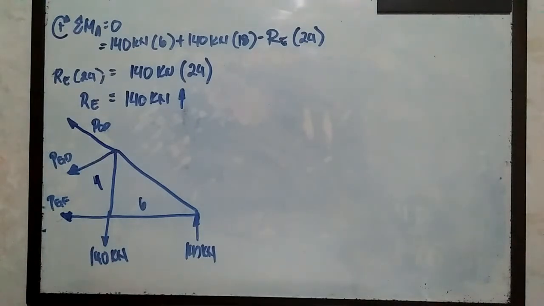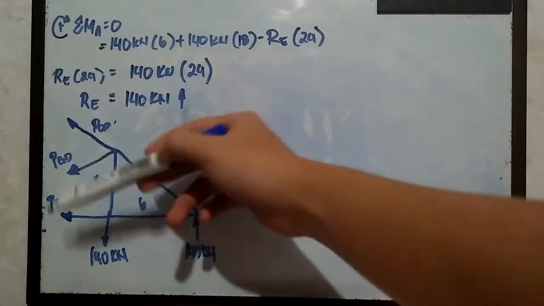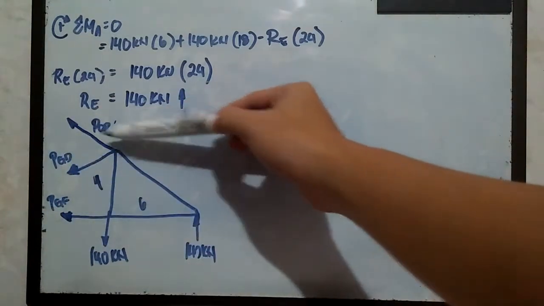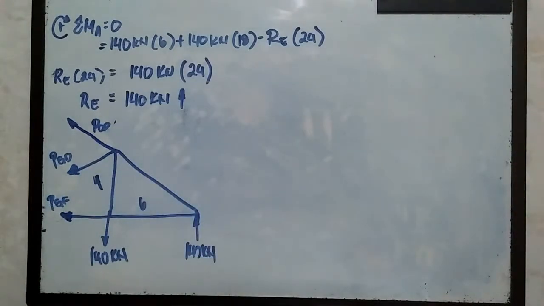From here on, our task is to solve for the internal forces acting on members CD, GD, and GF. So what would be our easiest approach in solving for these members?